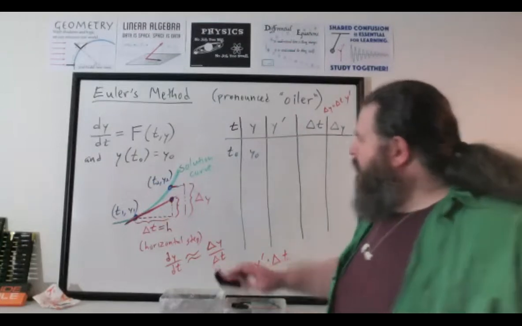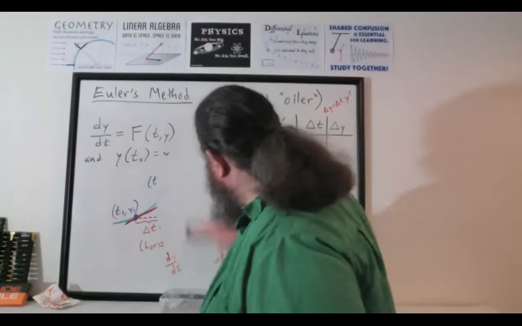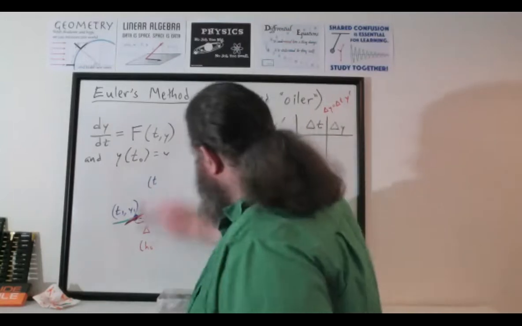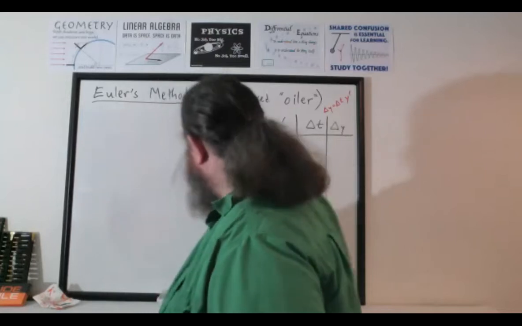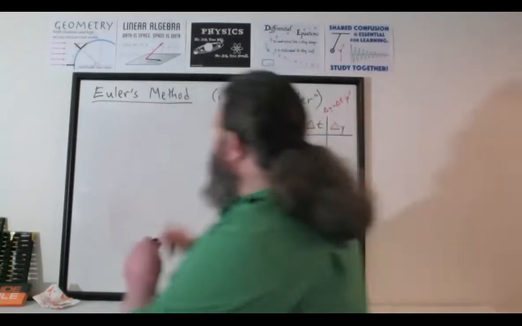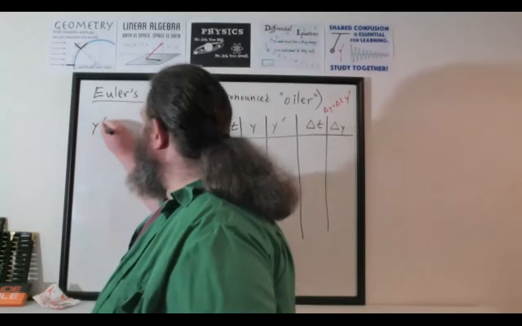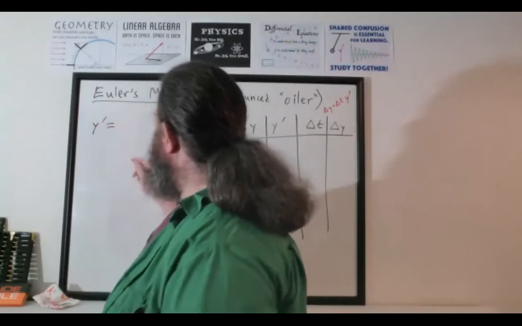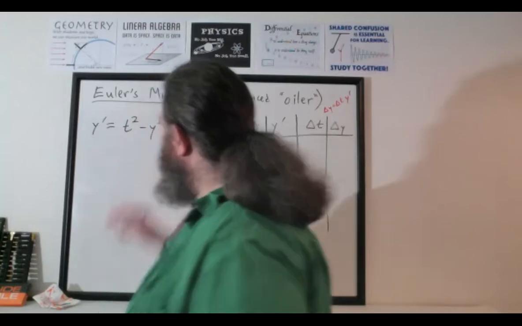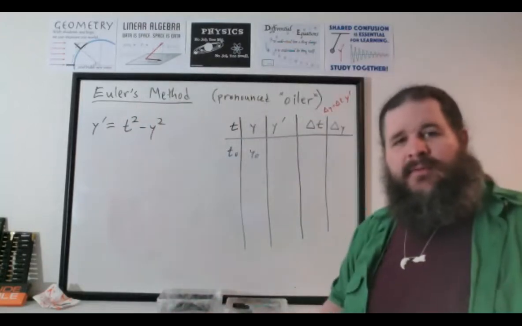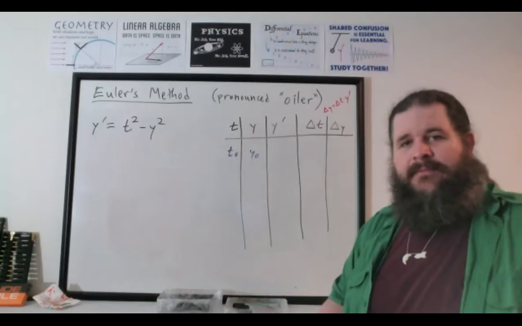So let's throw in some actual equations here and some numbers. Let's say our differential equation is y prime equals t squared minus y squared. Nonlinear, non-separable, might be kind of tricky to solve analytically.